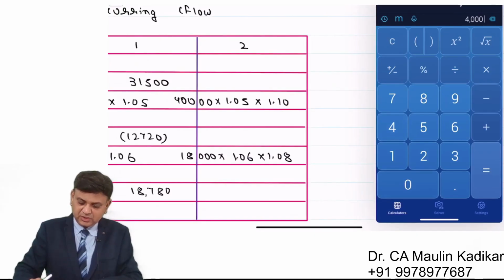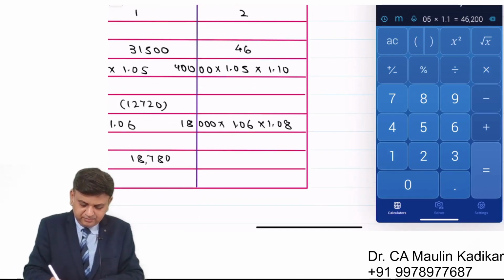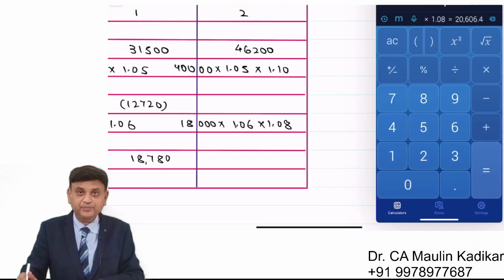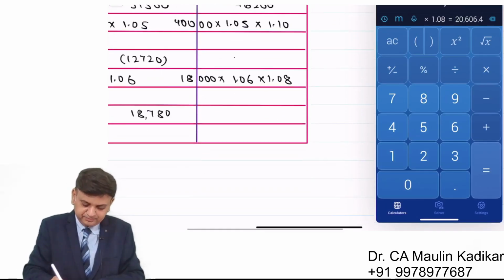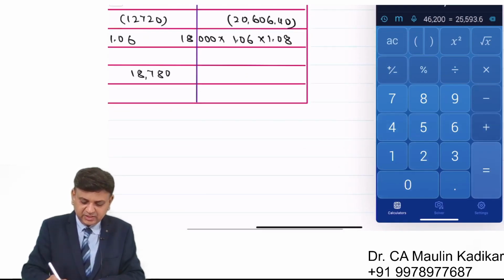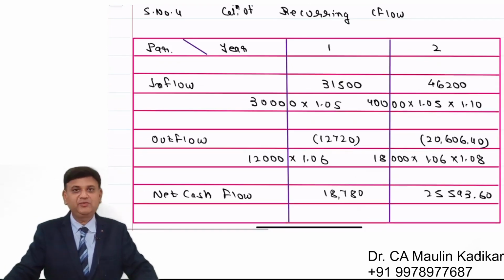Second year it would be 40,000 into 1.05 into 1.10. That is 46,200. 18,000 into 1.06 into 1.08 is 20,606.4. So it is 25,593.6. This is the way the net cash flow will be found.